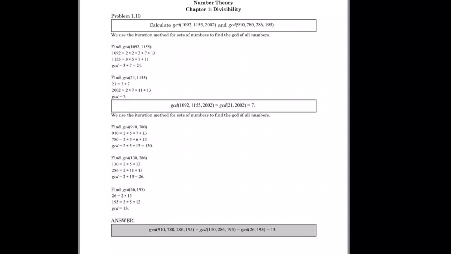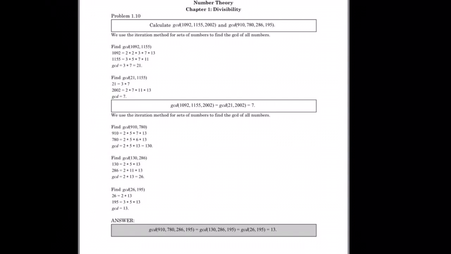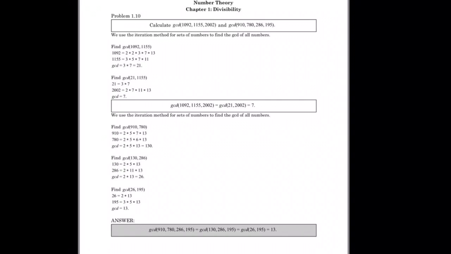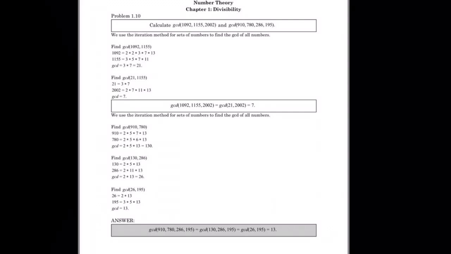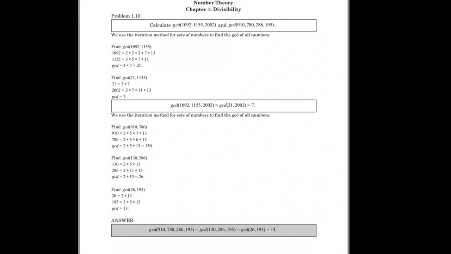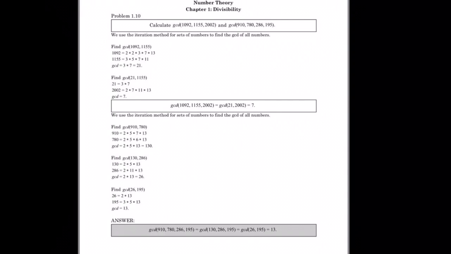Cross off those two numbers, write in 21, and then we'll find the greatest common divisor between 21 and the last number, 2002. Well, 21 is 3 times 7, and 2002 is 2 times 7 times 11 times 13. So the greatest common divisor is 7. And we're done, because that was the whole group. So the greatest common divisor of 1092, 1155, and 2002 is 7.